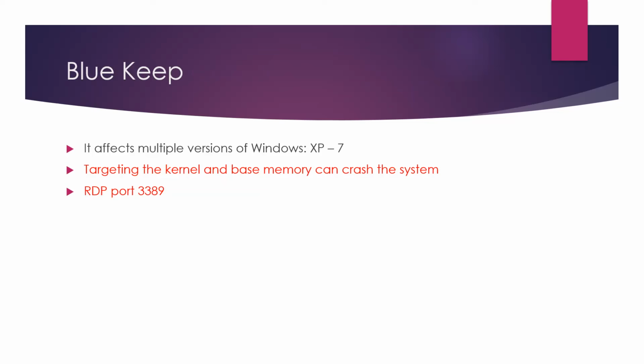It affected multiple versions of Windows, from Windows XP to Windows 7. I highlighted this in red because if you are targeting the kernel and the base memory to exploit a particular system, this might actually crash the system. And don't forget that RDP uses port 3389. This is the BlueKeep vulnerability.